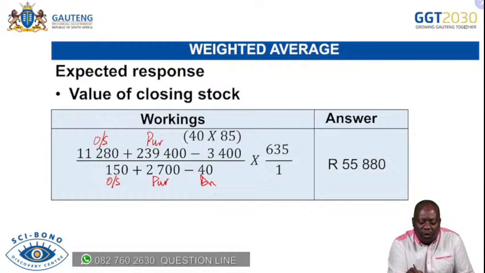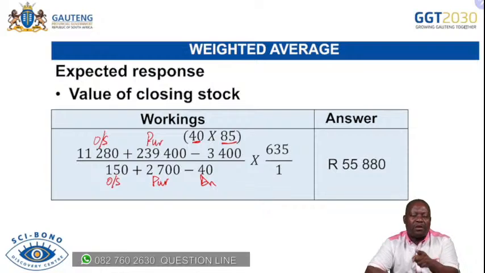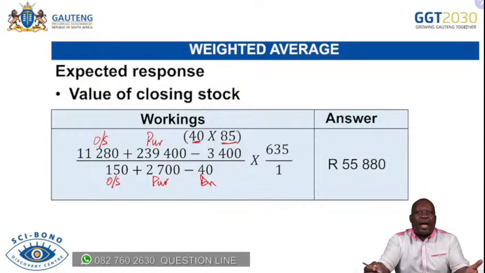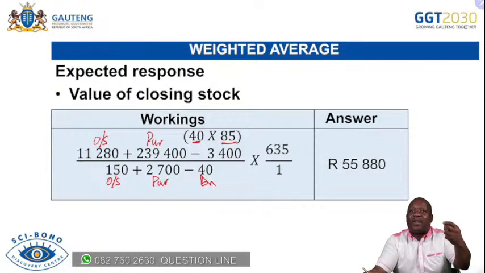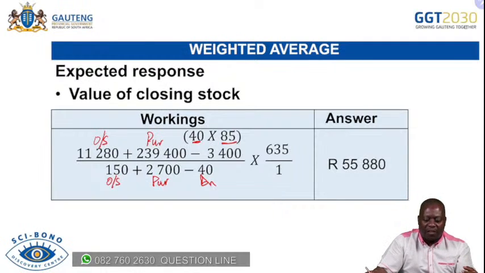But now we need to give a value to that. How do we go about it? We take the 40 units and multiply by the price per unit. Remember the price per unit must include that carriage, because carriage increases the cost of buying a unit. We bought it for 82, but we had to transport it for 3 rand per unit, so each unit is costing us 85 rands.